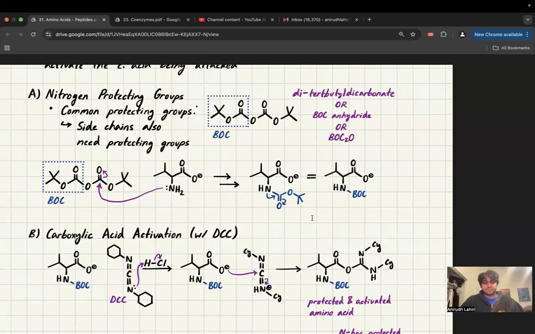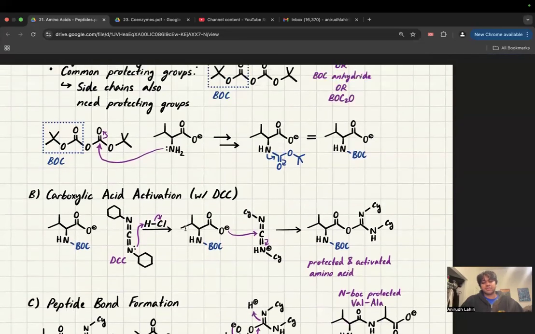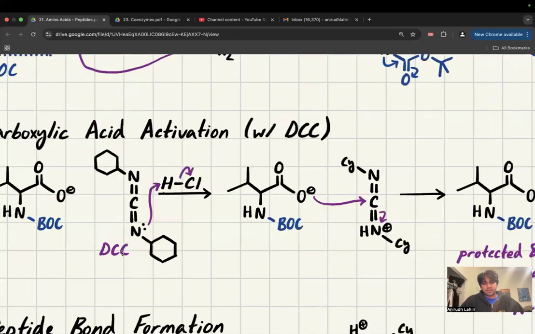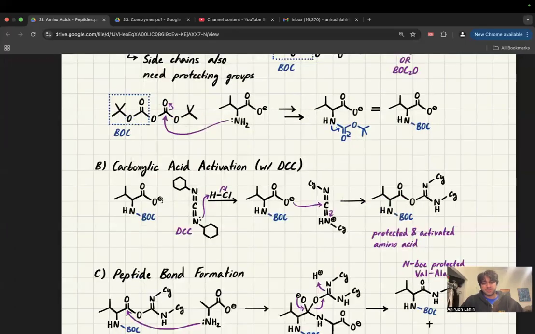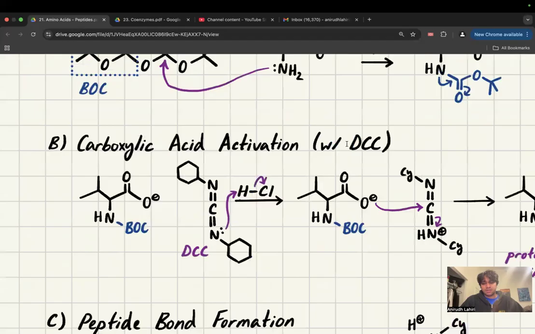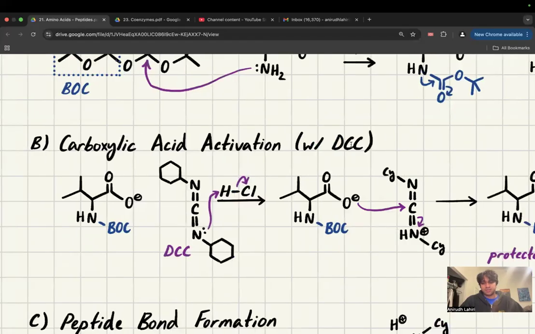Cool. Carboxylic acid activation uses something called DCC. I don't remember what DCC stands for, but we have a CN connected to cyclohexane, CN cyclohexane. Dicyanide cyclohexane maybe. Makes sense, right?